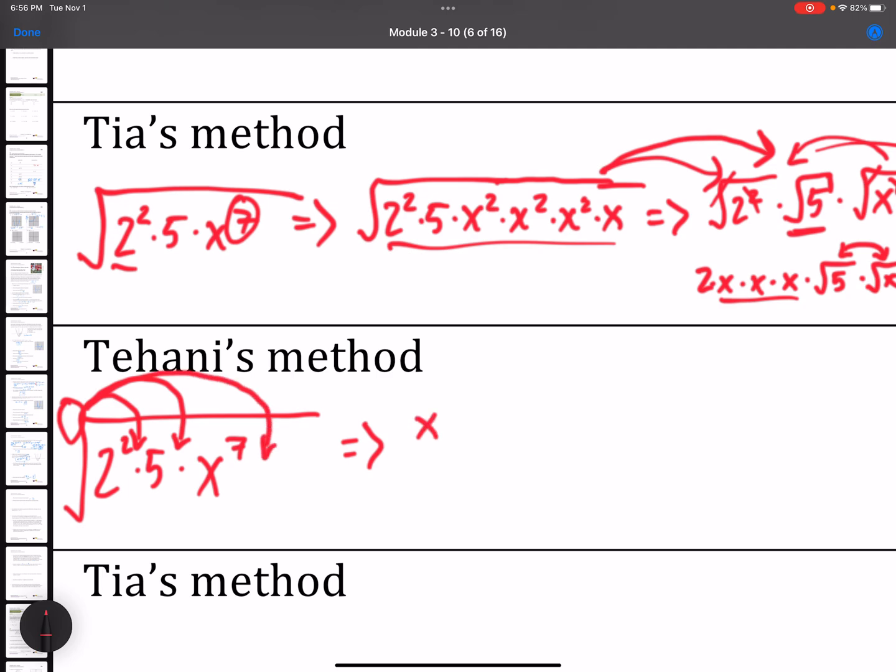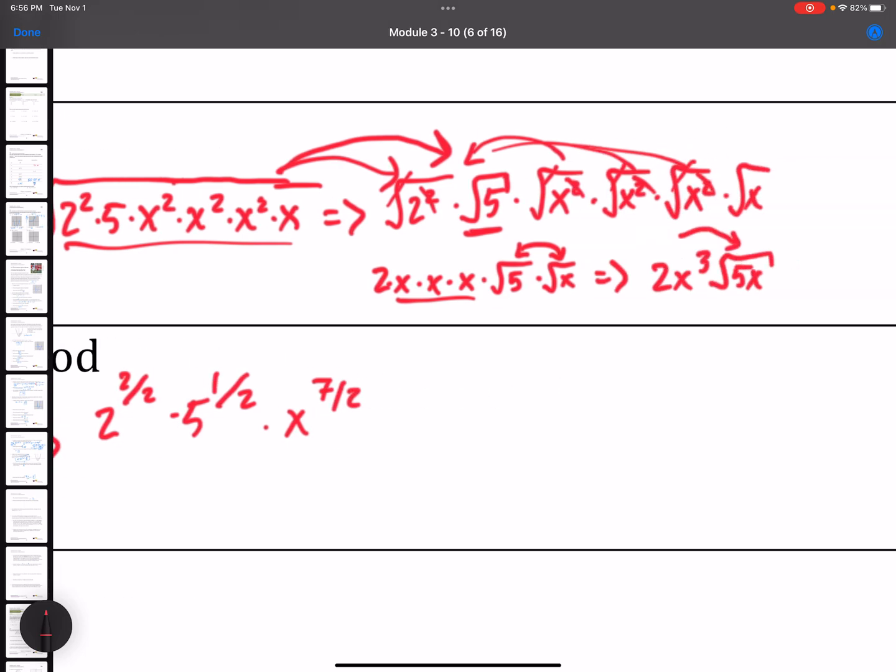So we'll have 2 to the 2 over 2 times 5 to the 1 over 2, because if there's nothing written there, it's an implied 1, times x to the 7 over 2. That 2 over 2 simplifies immediately down to 2 to the first power, which is just 2, times 5 to the 1/2 power.